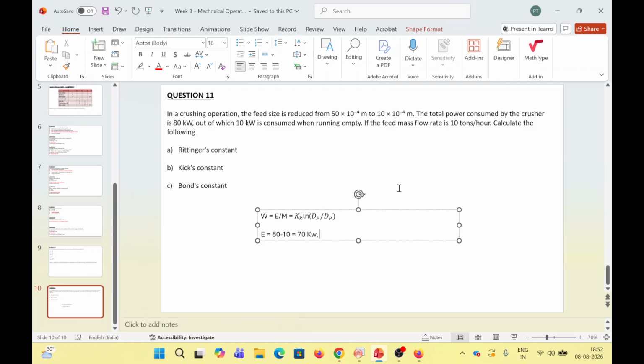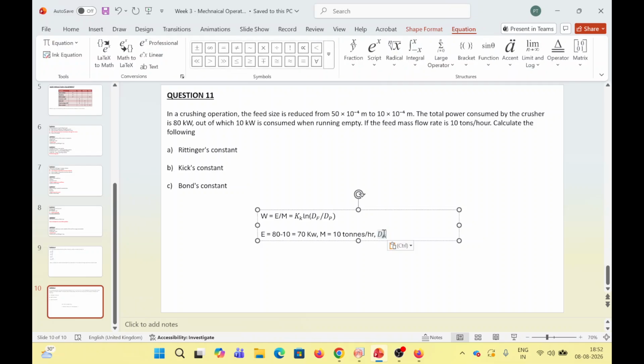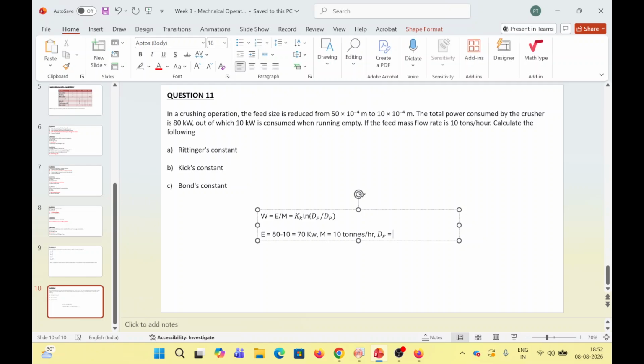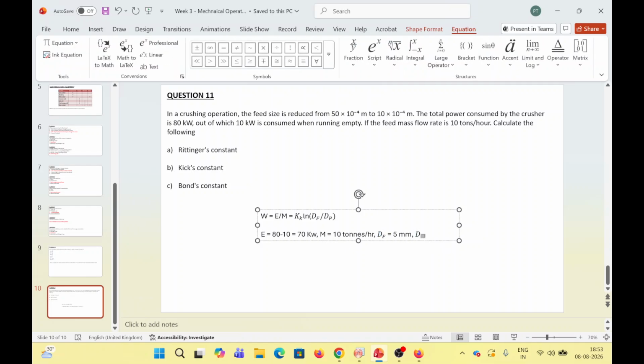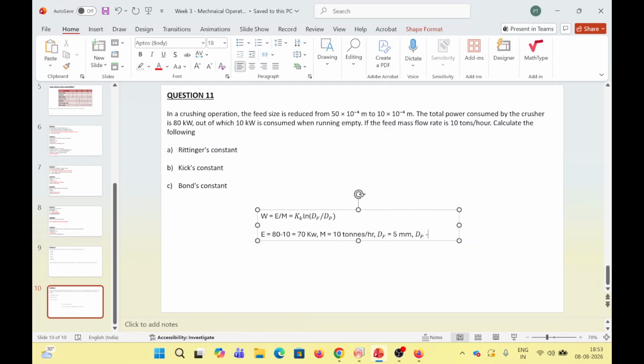M, you know, that is 10 tons per hour. And dF, just let me take it from here. dF is going to be 5 mm and dP is going to be 1 mm.